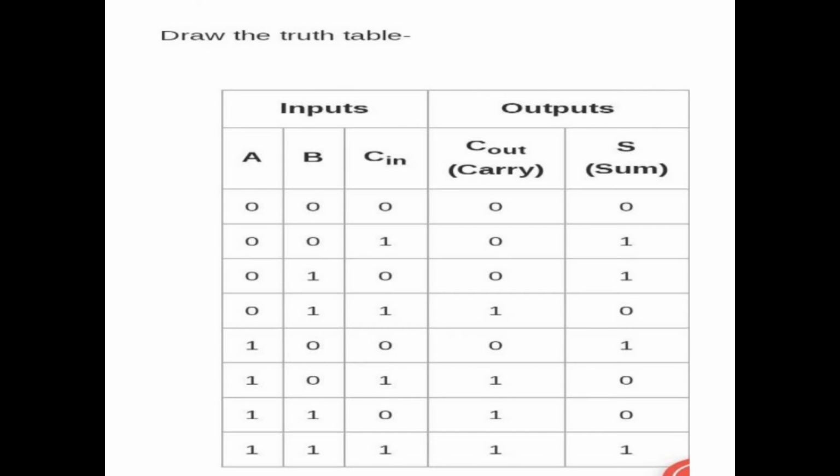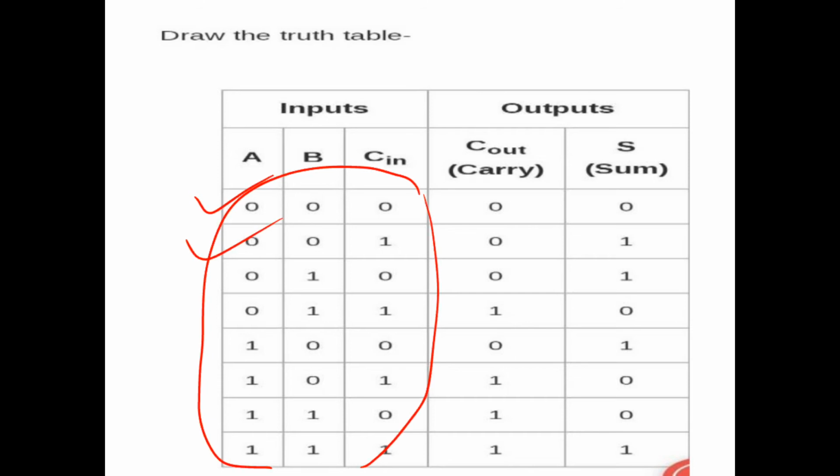Depending upon the 3 inputs, we will have 8 combinations of inputs. Firstly 0 0 0, the second 0 0 1, then 0 1 0, and the last combination is 1 1 1.